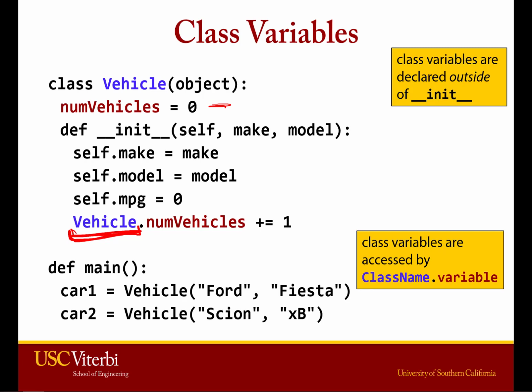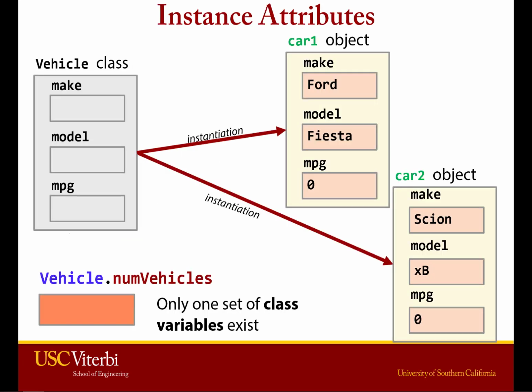So what you want to mentally picture about this is before, we had these 1, 2, 3 instance attributes, and everybody got a unique copy of them, right? These are separate and unique. So if you have 100 vehicles that you instantiate, you will get 100 different make attributes or 100 different model attributes, for example.